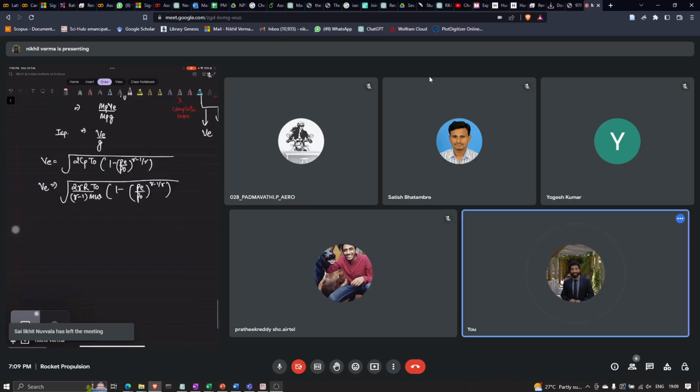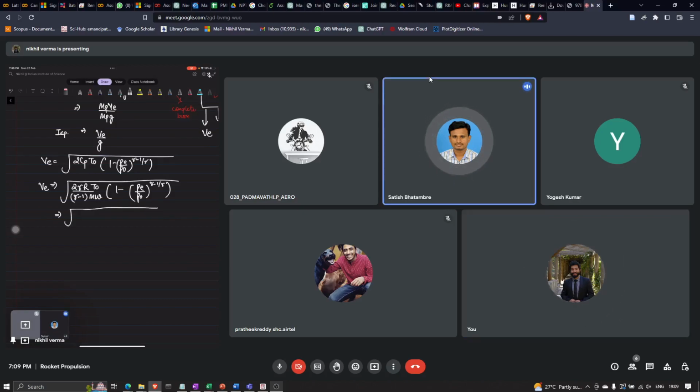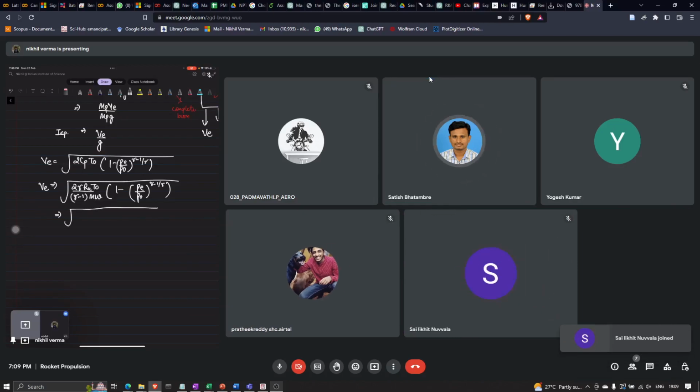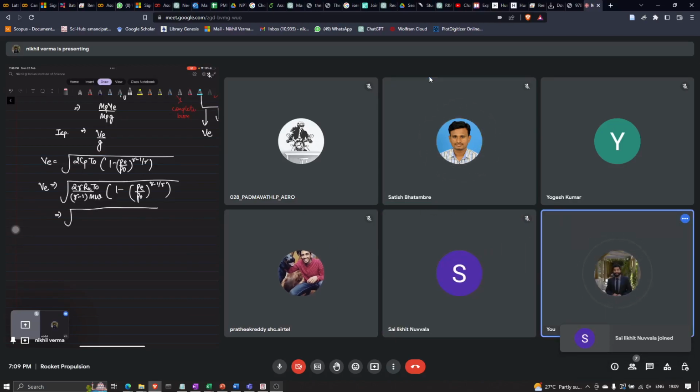This equation you might have seen, right? Here R_u is the universal gas constant. So we probably will use this relation.